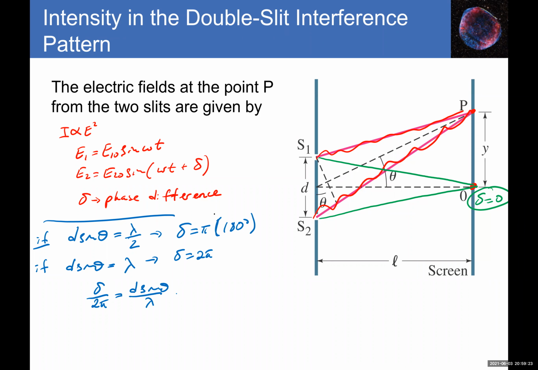Then we can rewrite in terms of delta, the phase difference. Rearranging that equation, delta equals 2 pi d sine theta divided by lambda. This is the equation for the phase difference.